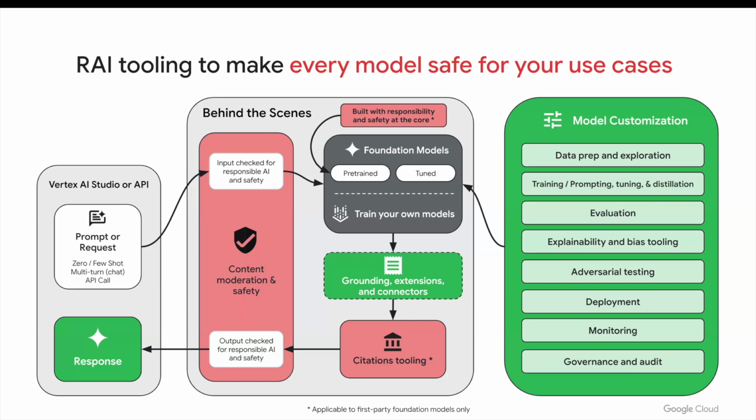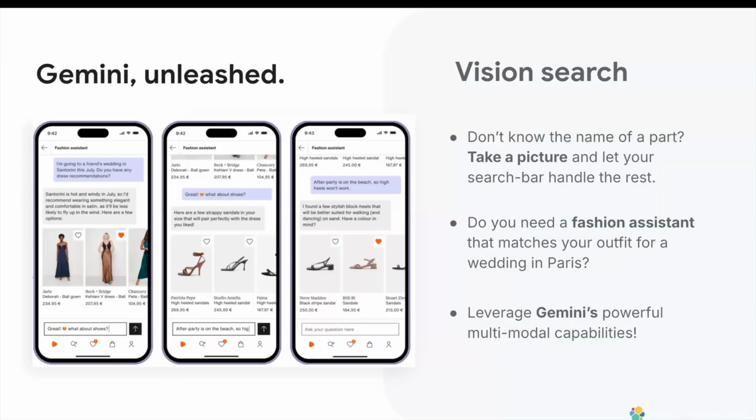On top of that, you have to take care of responsibility, making sure the requests and responses are not harmful and adhere to certain standards. Google has all this tooling built into the platform. By taking advantage of Elastic and Google Cloud, you can just focus on your use case and build your end-to-end generative AI use cases and applications.